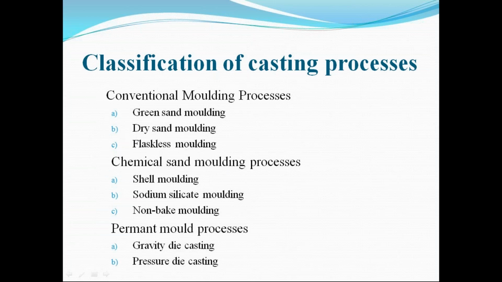There are lots of processes available, but it's not possible to discuss all of them. My presentation topic is blowholes on the cast product, and the product for the analysis was prepared by the permanent molding process. So I want to briefly discuss the permanent mold processes.